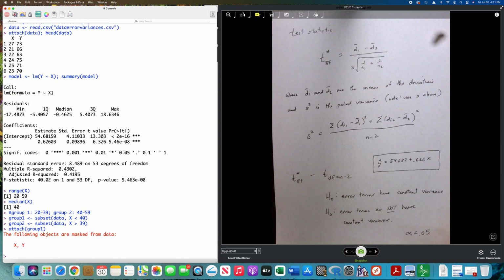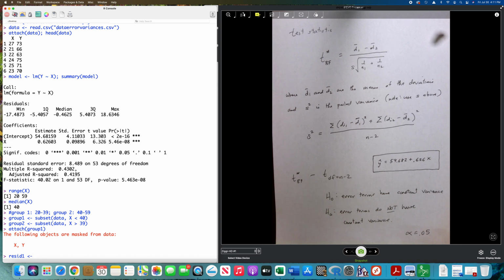All right, so we mask a few of the variables, x and y. Now, the very first thing I have to do is create my residuals for the model. So I'm going to create the residuals for group 1.